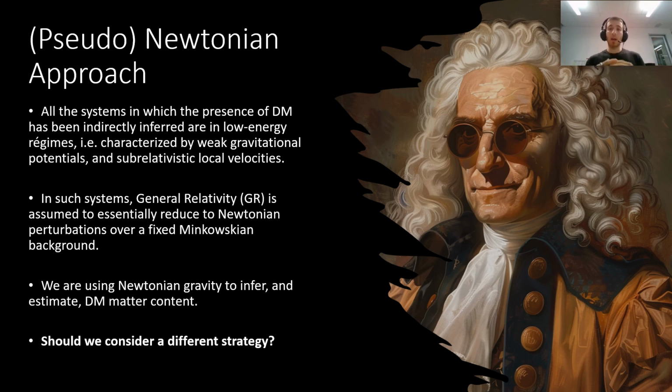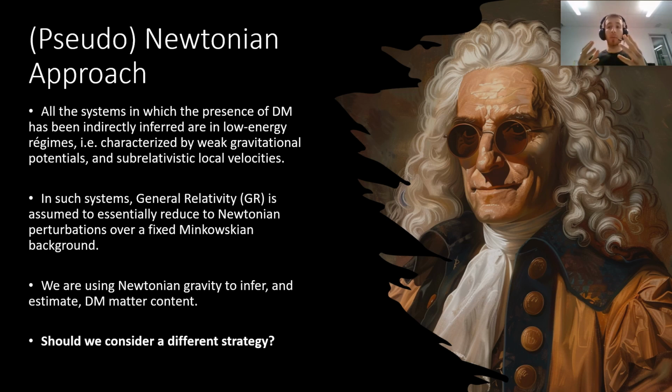Now, in such systems, general relativity, our accepted theory of gravity, is assumed to reduce to just Newtonian perturbation over a fixed Minkowski background. Therefore, what we're saying is that we're using Newtonian gravity, essentially, to estimate the amount of dark matter present in galaxy clusters, and so on and so forth.